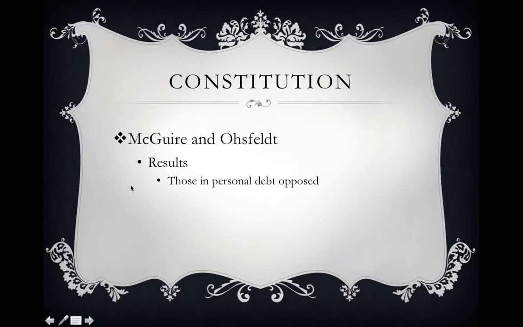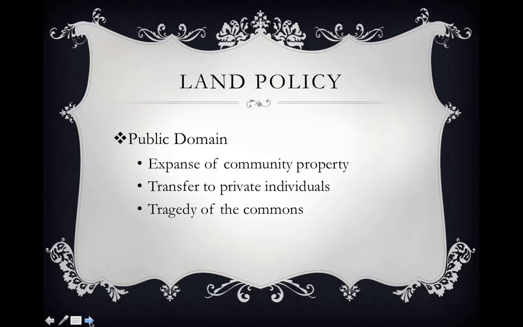If you were in debt, if you were a debtor, they found significant results that you were more likely to vote against the Constitution. So realize that there seems to be a consistent amount of evidence that the individuals who voted on the Constitution consistently voted in their own economic vested interest.